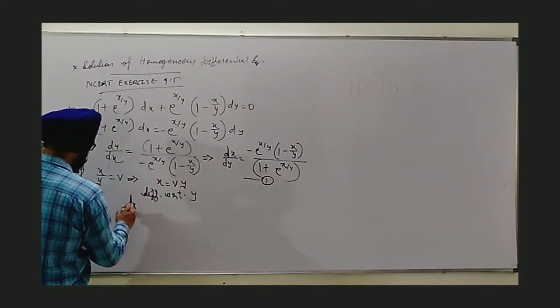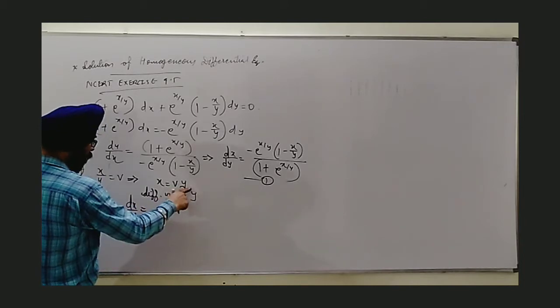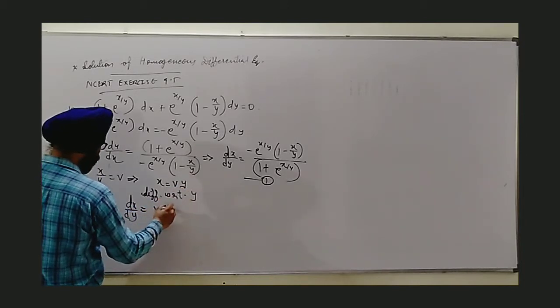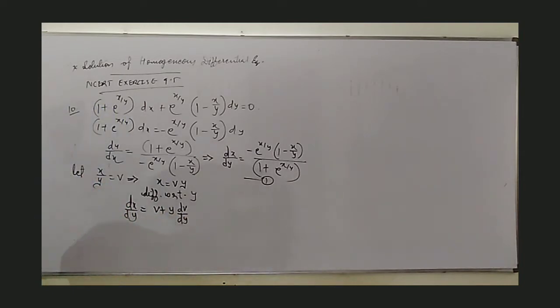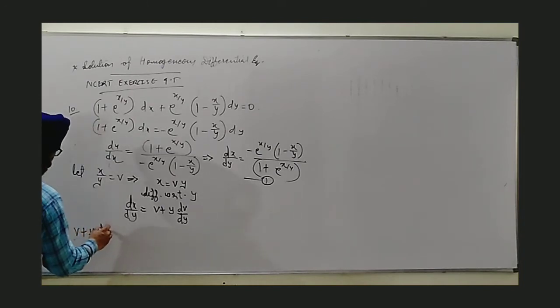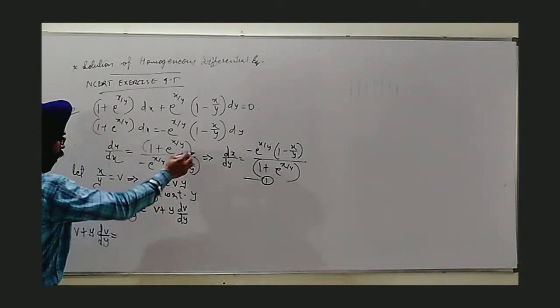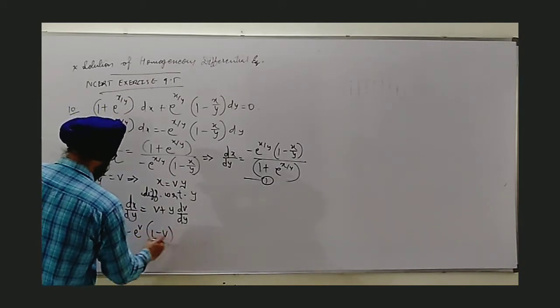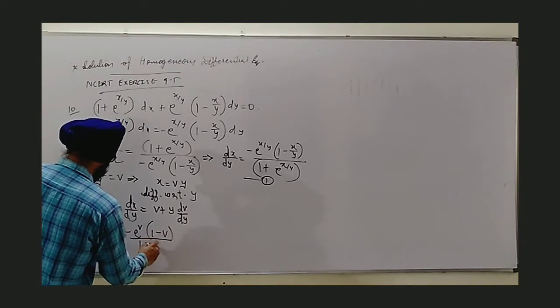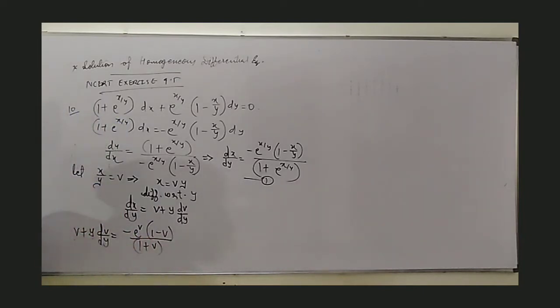So dx upon dy, y remains 1, so v plus y dv upon dy. These two we are using in equation 1. So we get v plus y dv upon dy equal to minus e raised to the power v times (1 minus v) upon (1 plus v).